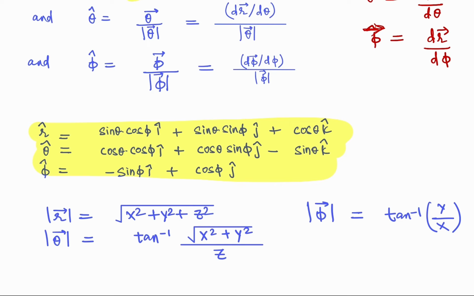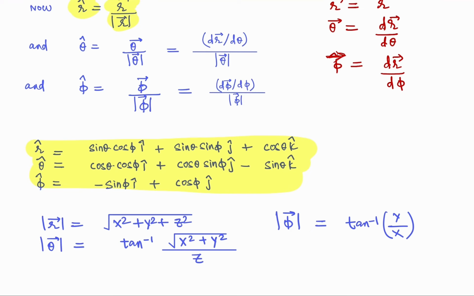It is correct. Now you are required to find the magnitudes of r, theta, and psi, which are written here. This is purely the geometrical vector approach.